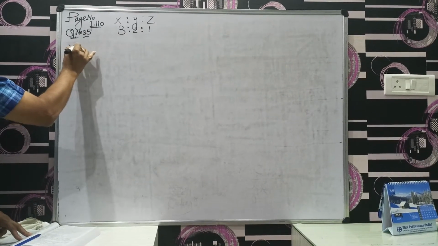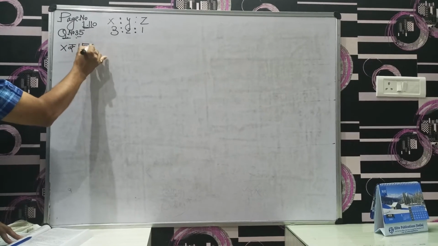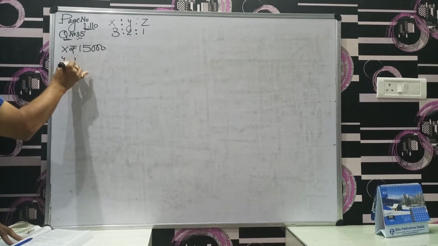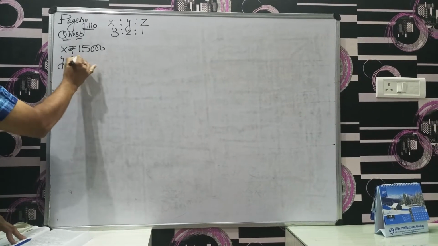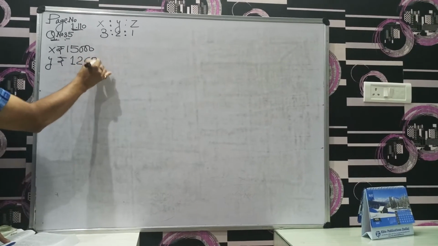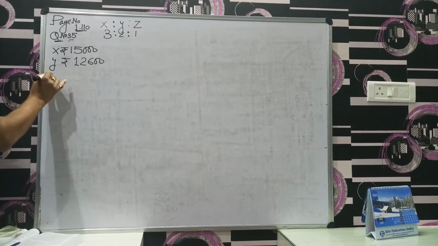X का ड्राइंग्स कितना है? 15,000 है. Y का ड्राइंग्स कितना है? Y का ड्राइंग्स 12,600 है. और Z का ड्राइंग 12,000.